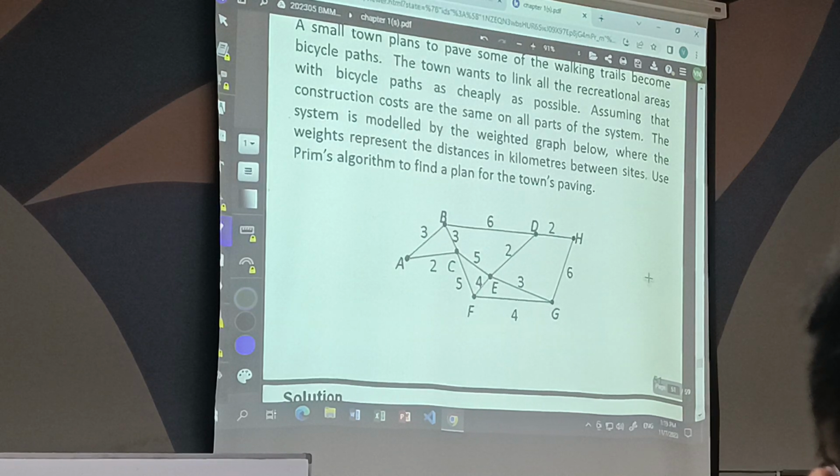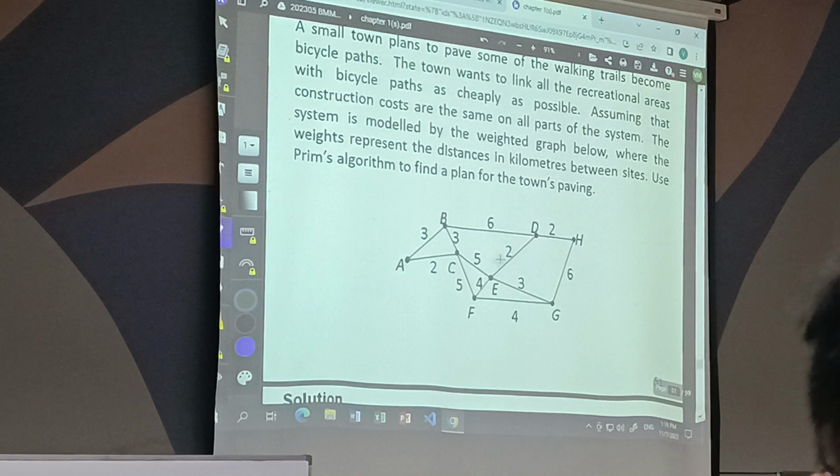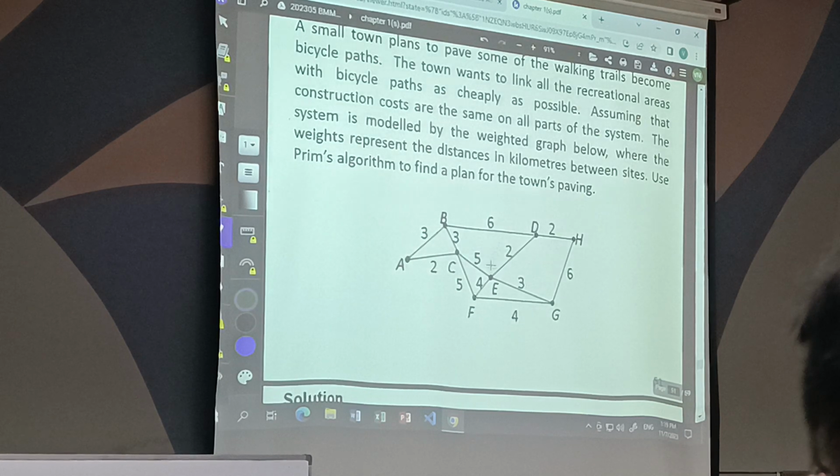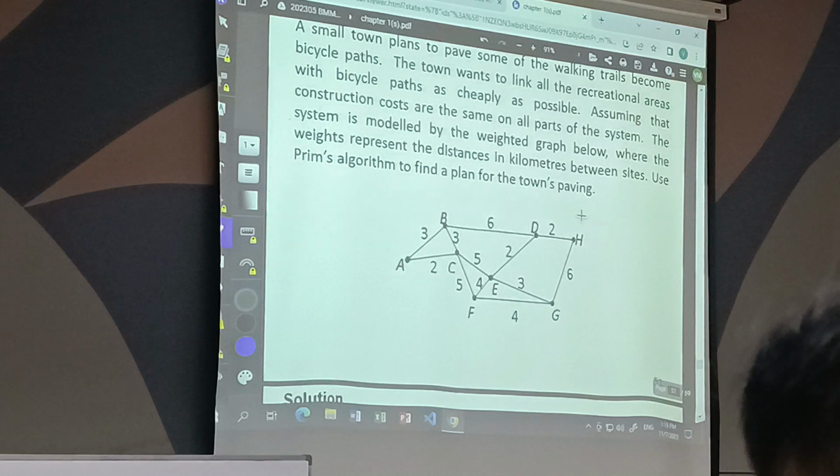And you use the Prim's algorithm to find which way they need to follow in order that the cost that they will pay will be minimum. Can you do that? Follow the step just now, using the Prim's algorithm.